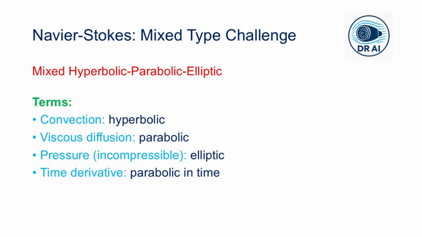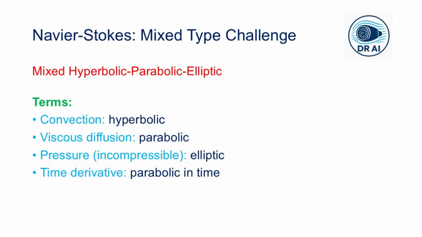If we see over here that the convective terms, partial rho u by partial of x, is actually representing the hyperbolic, which means the finite speed propagation. The second is the viscous term. Mu partial square u over partial of x square is actually parabolic, which means diffusion term.